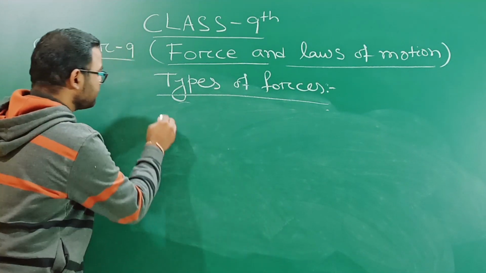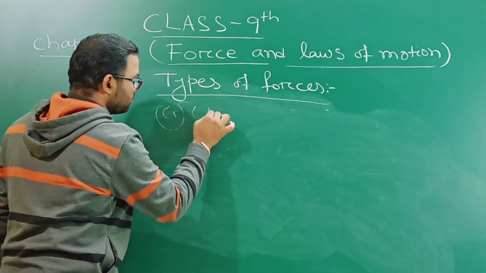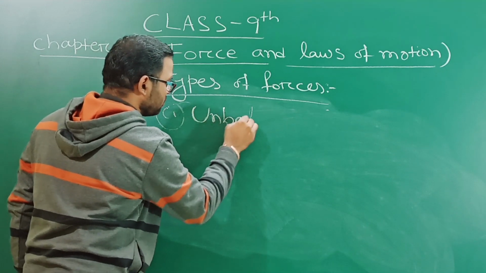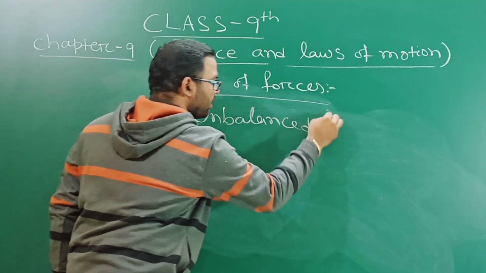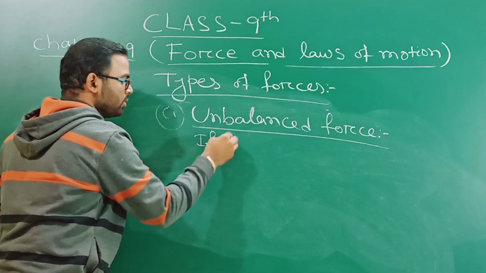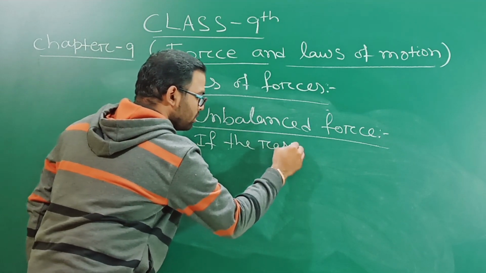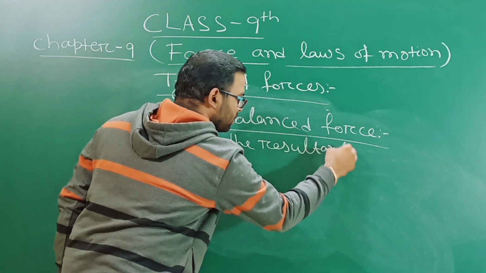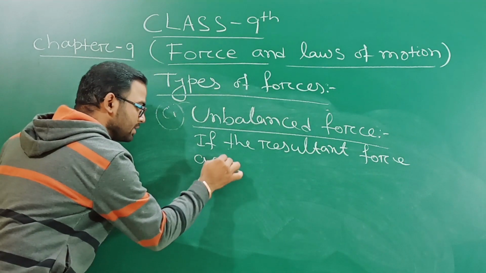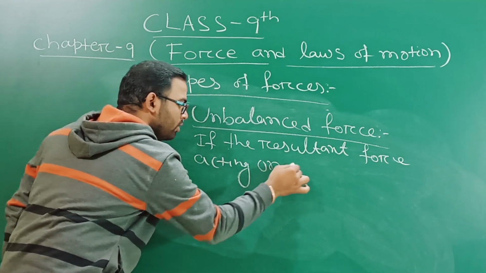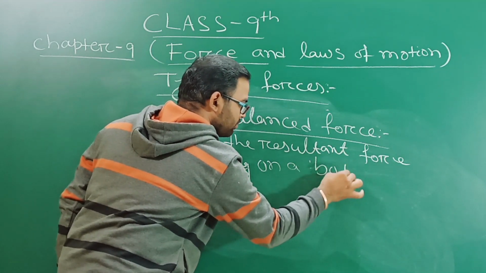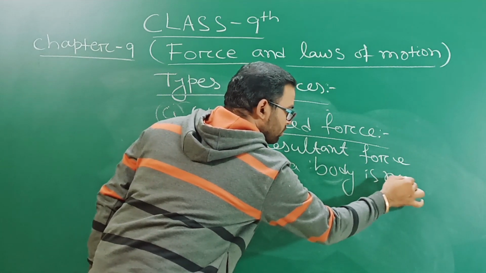So we can write the second point: unbalanced force is when the resultant force acting on a body is not zero.